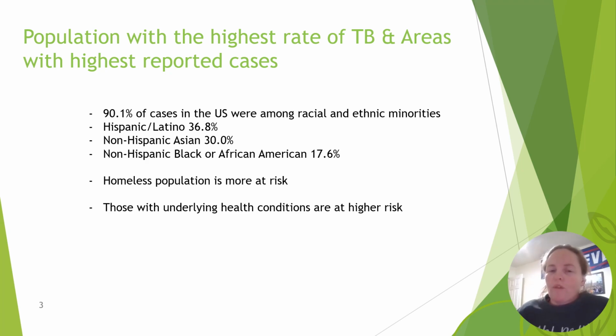Non-Hispanic Asians were at 30%, and then the non-Hispanic Black or African American were at 17.6. Also, our homeless population is at a higher risk, as well as those with underlying health conditions.